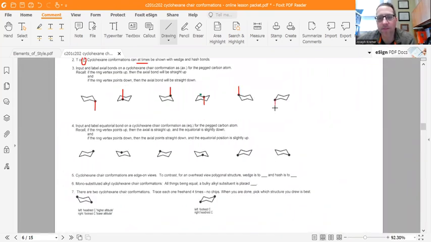Axial. And in these chair conformations here, an additional question: can you find the headrest? This is the headrest here. The headrest is either the very leftmost or the very rightmost carbon, which is up. Here, this is the very leftmost carbon, which is up.